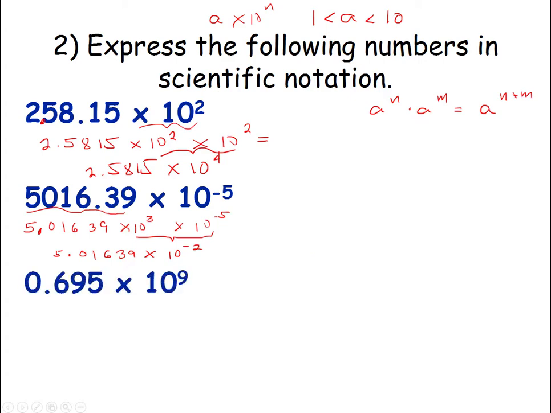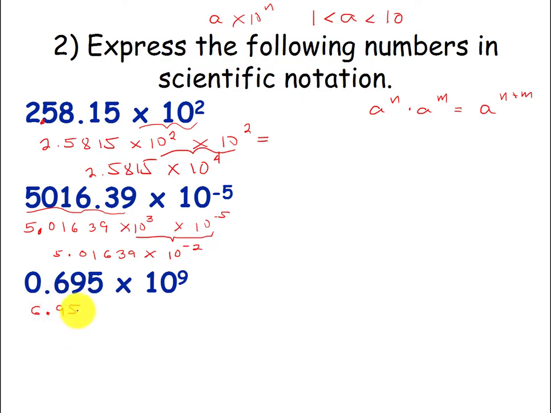Third example, I have 0.695 times 10 raised to 9. Now again, this is not in scientific notation because our a is not between 1 to 10. To make our a between 1 to 10, we need to move our point between 6 and 9. So we will have 6.95.